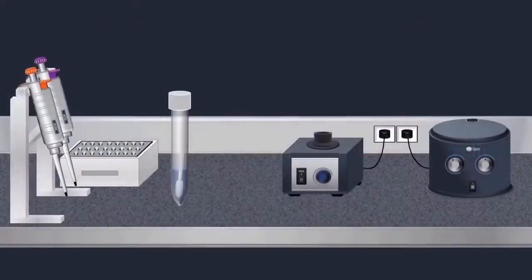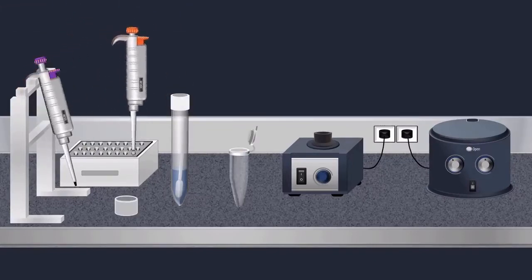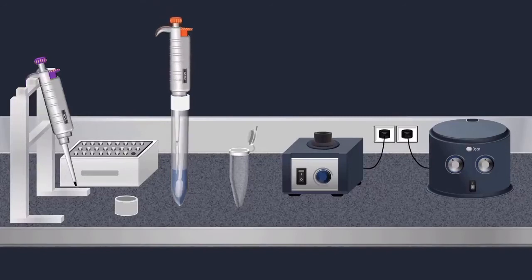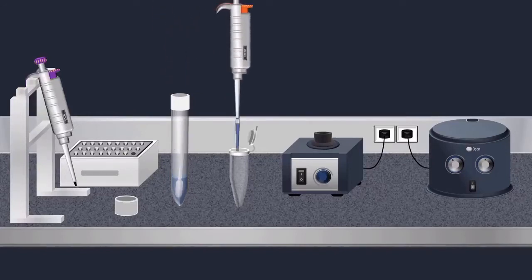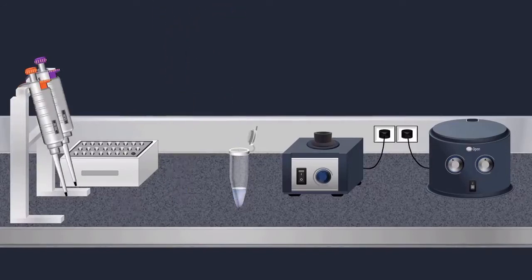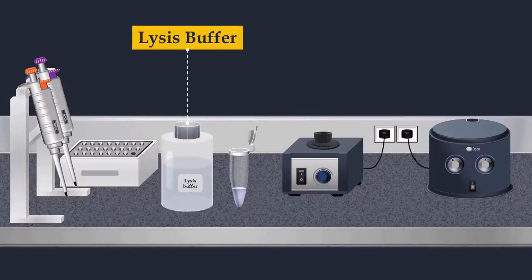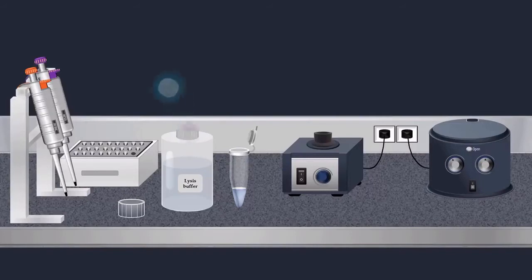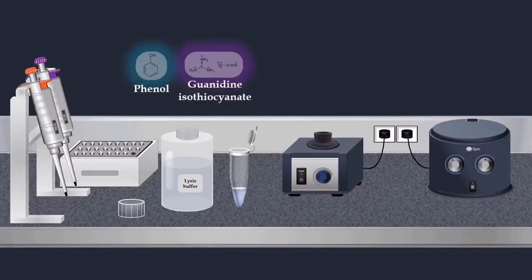To perform this method, basically viral RNA should be extracted. Several RNA purification kits are available for convenient, fast and effective isolation. To extract the viral RNA by using commercial kit, the sample is first added into a microcentrifuge tube. Then it is mixed with a lysis buffer. This buffer is highly denaturing and usually consists of phenol and guanidine isothiocyanate.